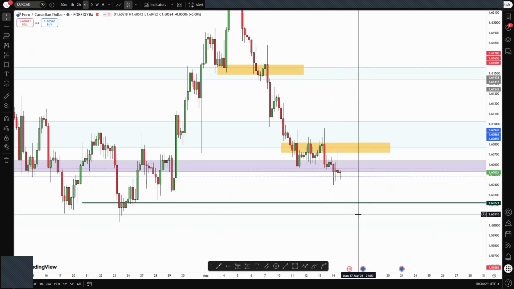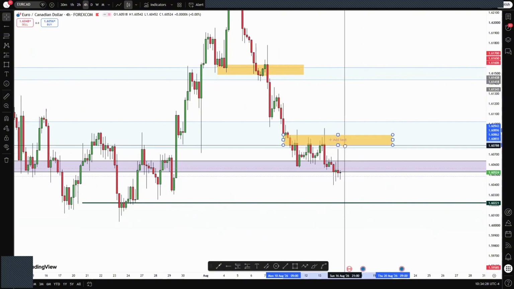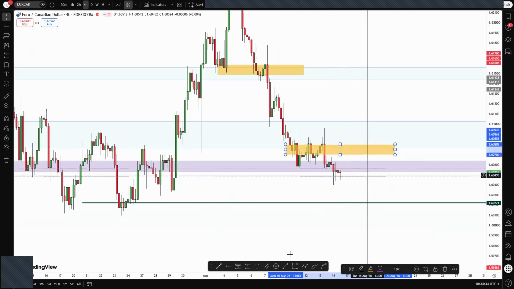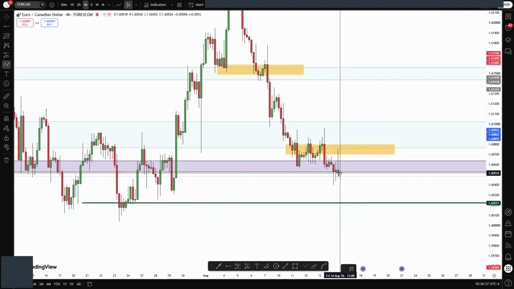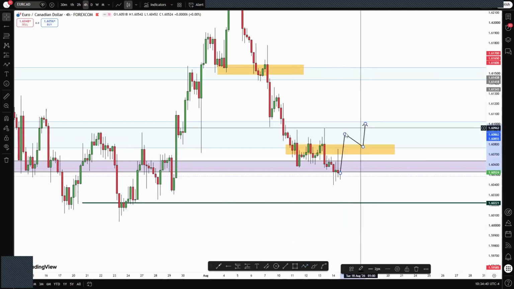So here, it's just up to us to find the best point to buy from. Either we buy at this shift or we buy from this break. But for me, I would prefer buying when price breaks above and tests and then gives us this engulfing.